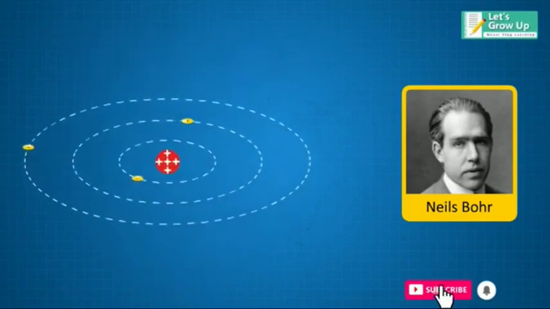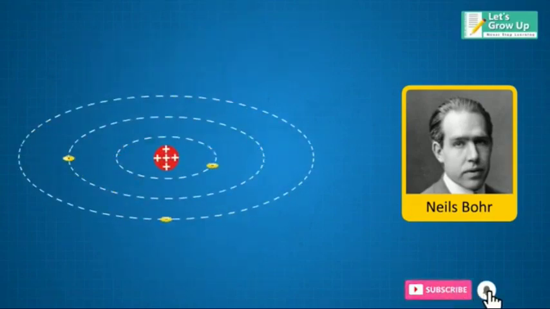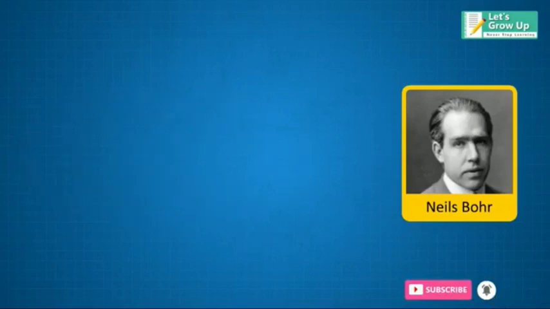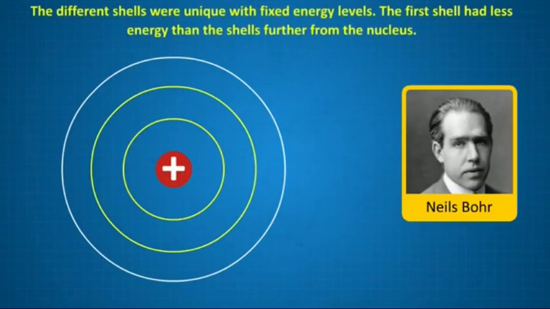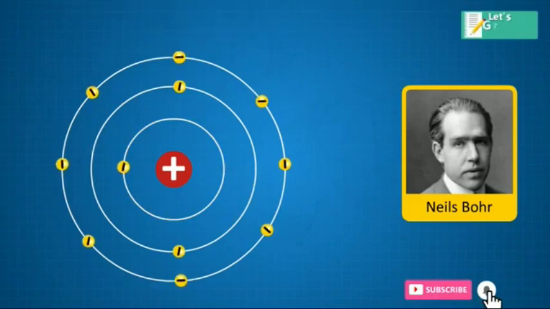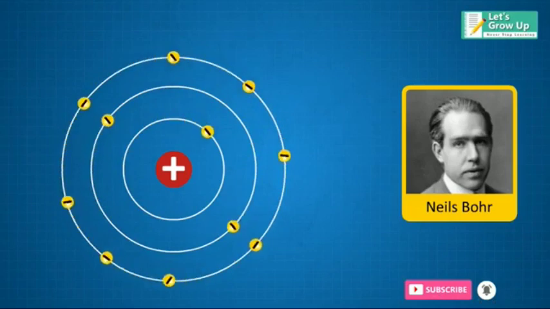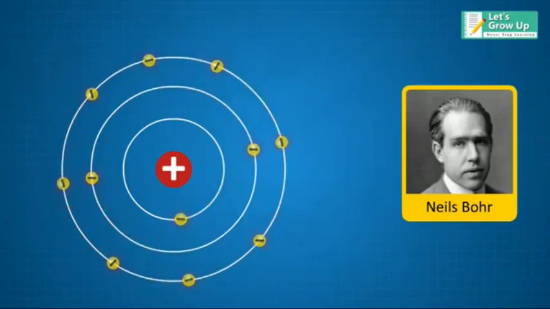This model was also compared to the solar system. Also, he declared that the different shells were unique with fixed energy levels. The first shell had less energy than the shells further from the nucleus. He observed that the electrons existing in each shell also had fixed energy.